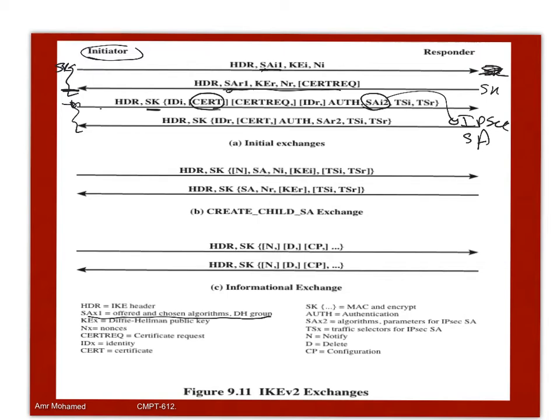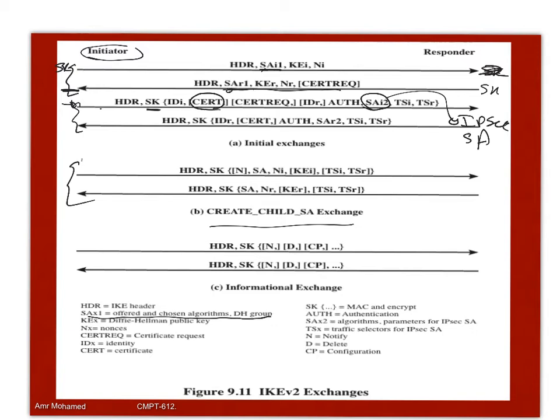We can establish the shared key, we can perform authentication, and we can establish the security association between the initiator and the responder. The third phase is required for what we call information management or communication management. This is not as important. It's called the child security association. It is needed for communication management.